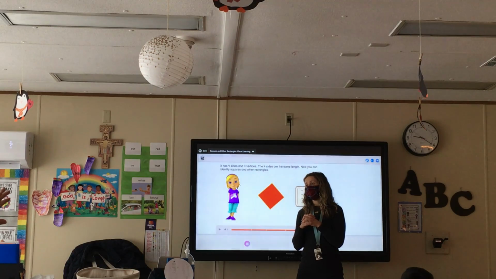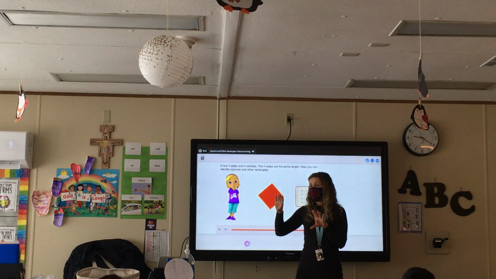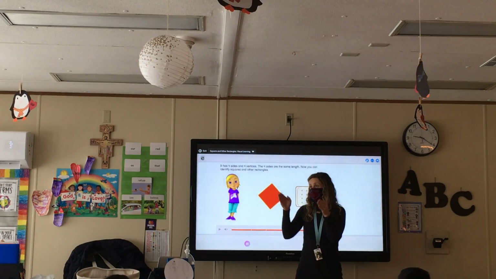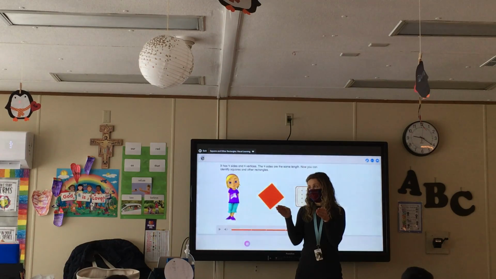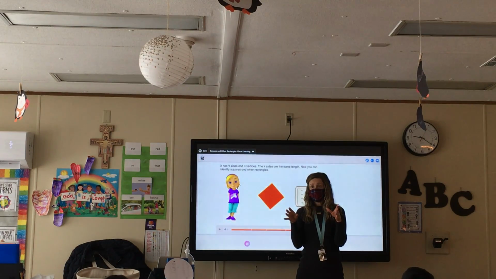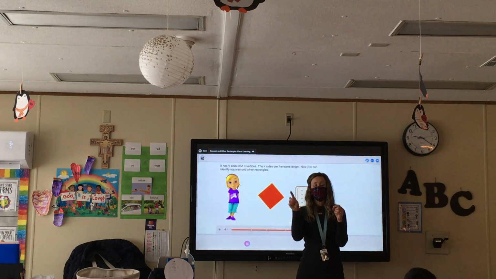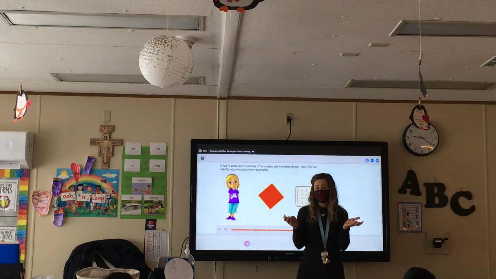The rectangle long and the square short. Okay, so the rectangle has two long sides and two short sides, okay? But then a square, all of their sides are what? Short. No, not short. Not the word I'm looking for. How would you say is different about a square? A square's sides are all the what, Jacob?